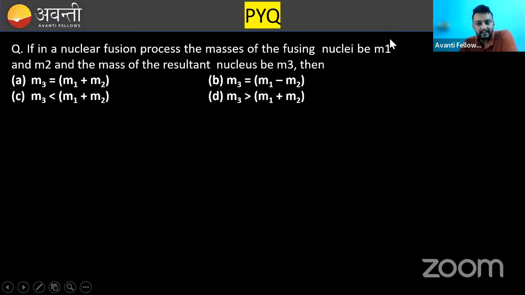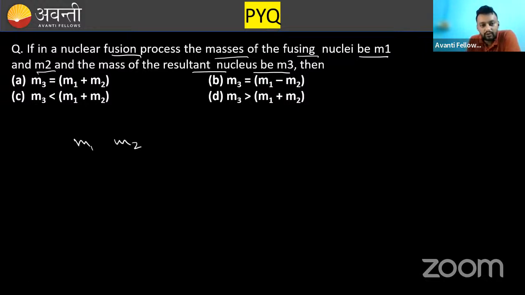In a nuclear fission fusion process, the masses of the fusing nuclei be M1 and M2, with 1 and 2 in subscript, and the mass of the resultant nucleus be M3. Then what will be the correct relation? M1 and M2 are the two nuclei which get fused, and the resultant is M3.